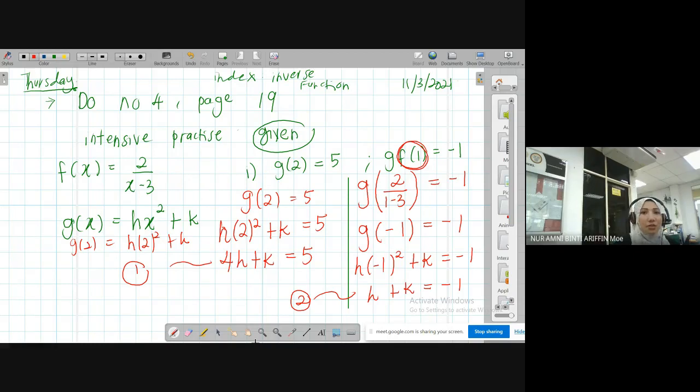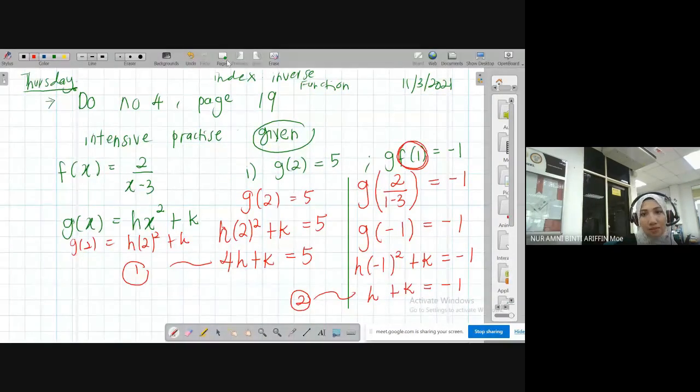How to find the value of h and k? Okay, now you have to use simultaneous equation to find the value of h and k. Macam mana nak cari? Macam mana nak gunakan you punya simultaneous equation?